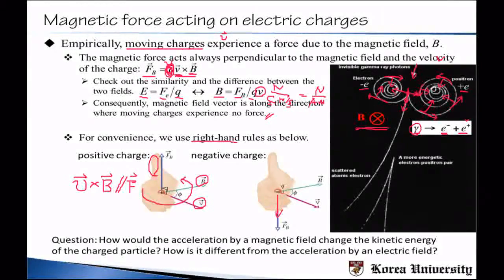Okay. And let me ask you a question here. How does the acceleration by a magnetic field change the kinetic energy of the charged particle, and how is it different from the acceleration by an electric field? In the case of the electric field, the force was directly along the direction of the electric field, so there will be an increase in velocity, which means there will be an increase in kinetic energy, or a decrease depending on the direction.